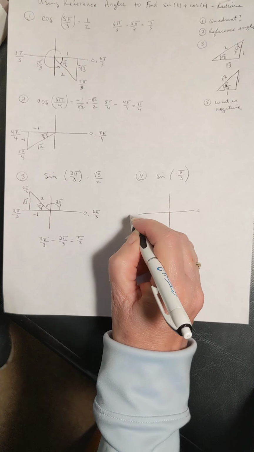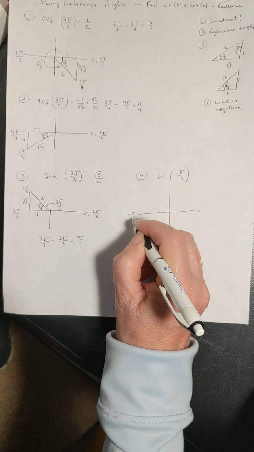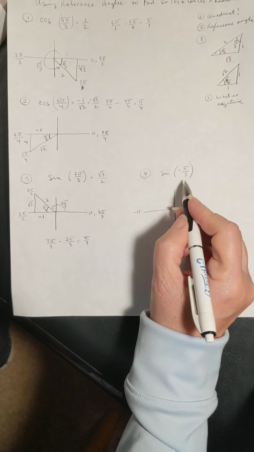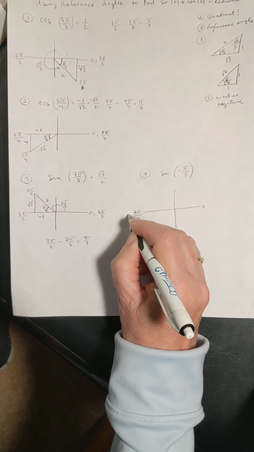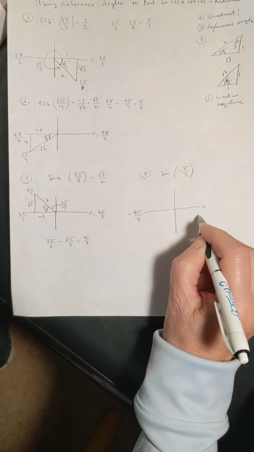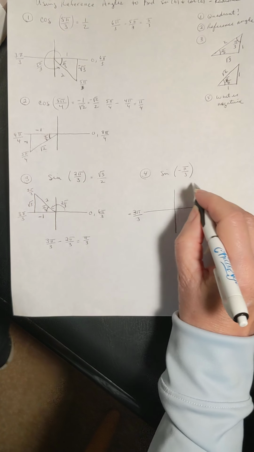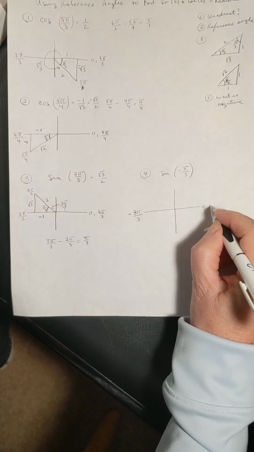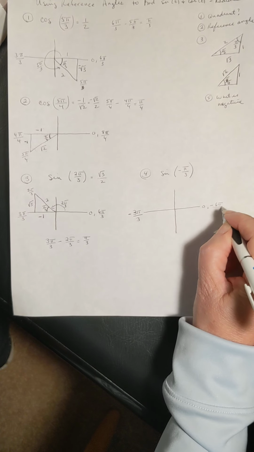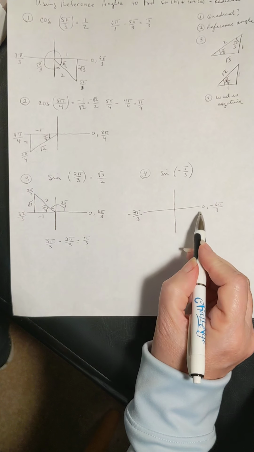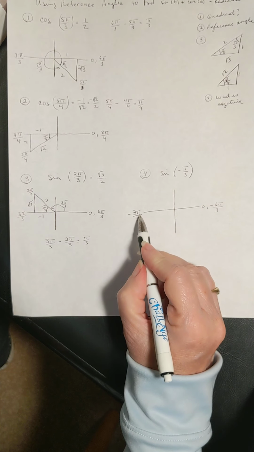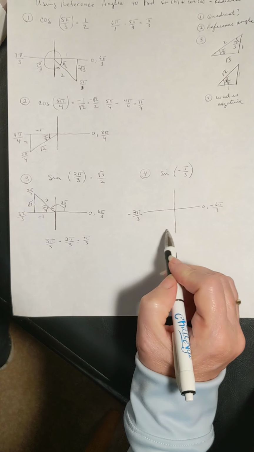Coming this way, I'll be at negative pi, and I want my denominator to be 3. So this would be numerator and denominator by 3. So this would be negative 3 pi over 3, and then continuing along, this would be negative 6 pi over 3.